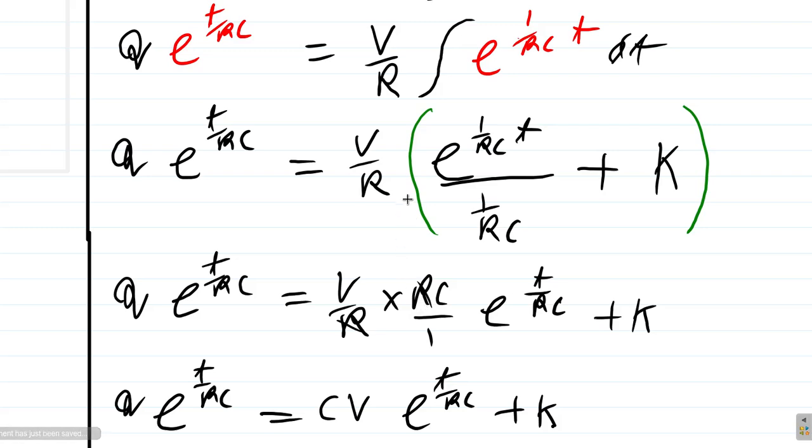So you multiply the V by the RC, as we saw earlier, times e to the 1 over RC. But you must multiply this too. The V over R must multiply the K. Mistakenly left that out.